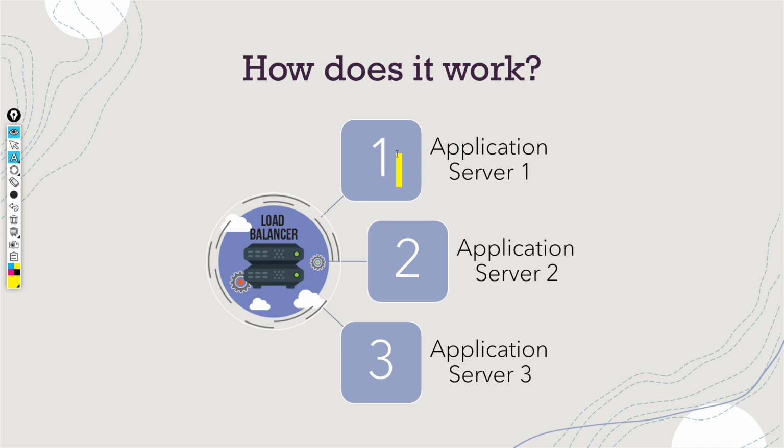Either all of my traffic would go to application server 1, or all of my traffic would go to application server 2, or my traffic will go completely to application server 3. Now, in all these cases, the problem is that again the load will be borne by only and only one server.